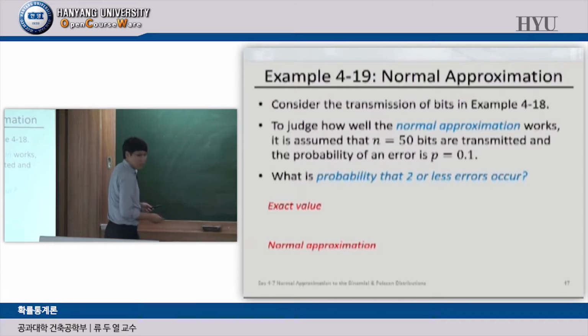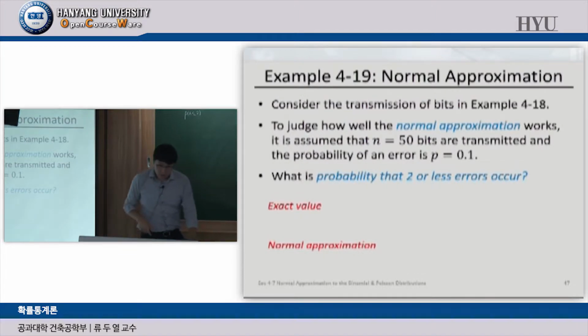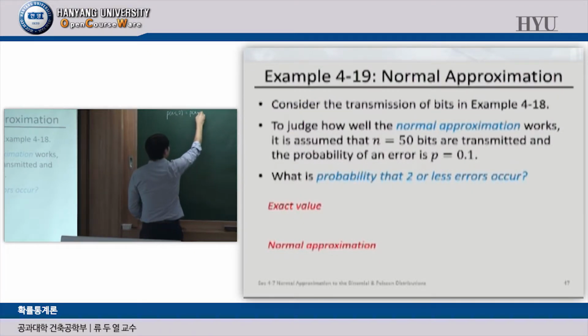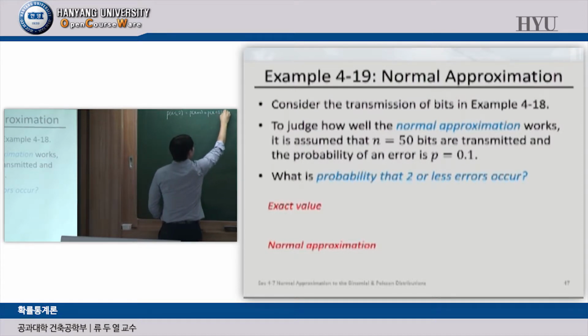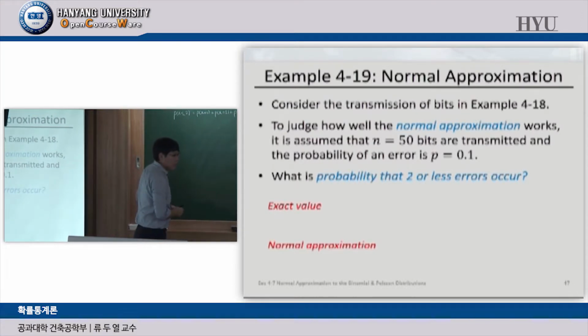Firstly, we have to calculate the probability of x when x is smaller than or equal to 2, right? So, the probability of x when x is equal to 0 plus the probability of x when x is equal to 1 plus the probability of x when x is equal to 2. Okay?